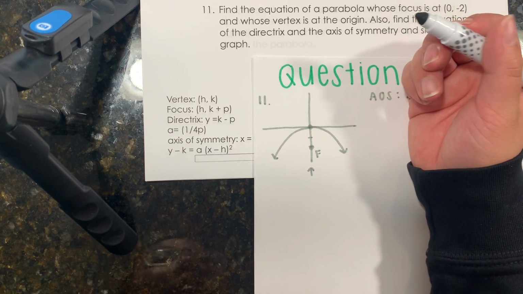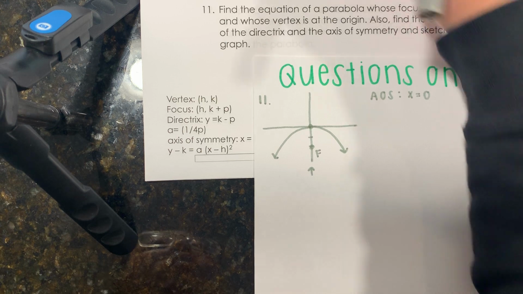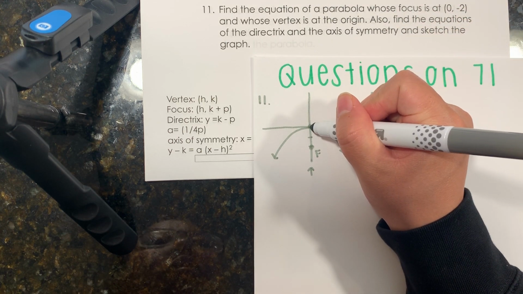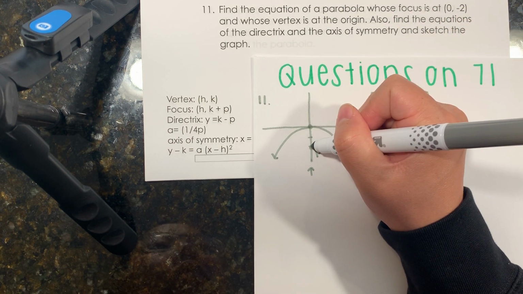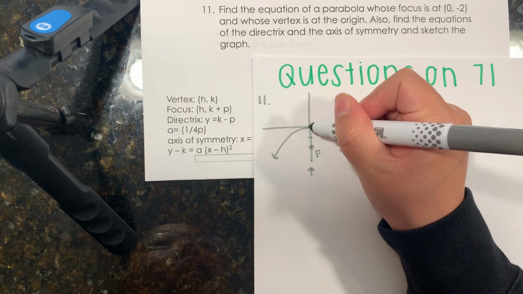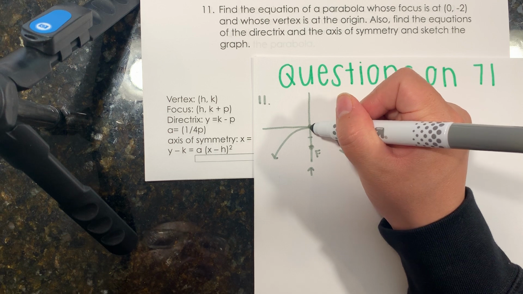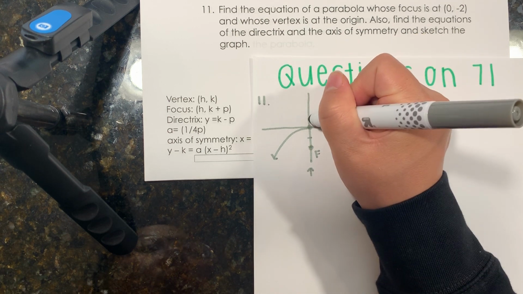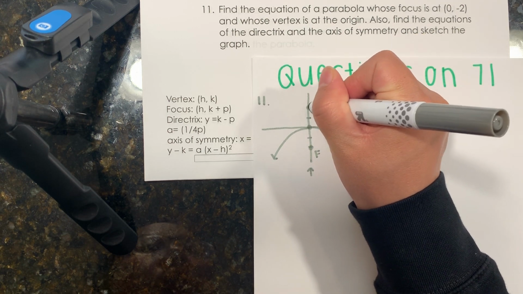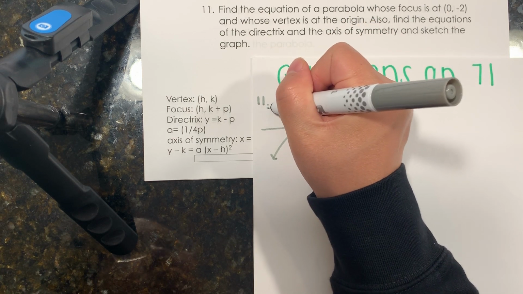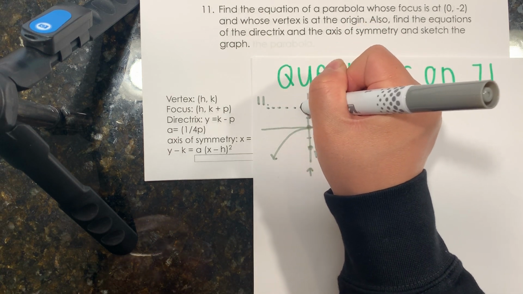So now we're going to find the directrix, and I know that the distance from the vertex to the focus is equal to the distance from the vertex to the directrix, just in opposite directions. So this one is 2 spaces down, so that means the directrix is going to be 2 spaces up, but this one is going to be a horizontal line.